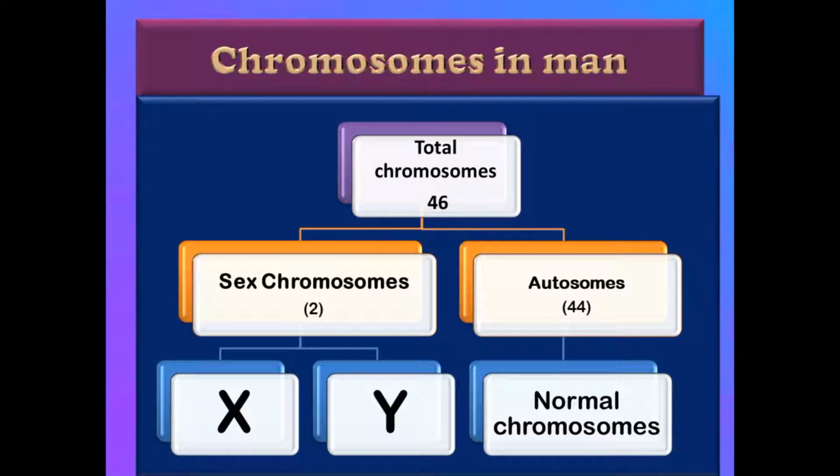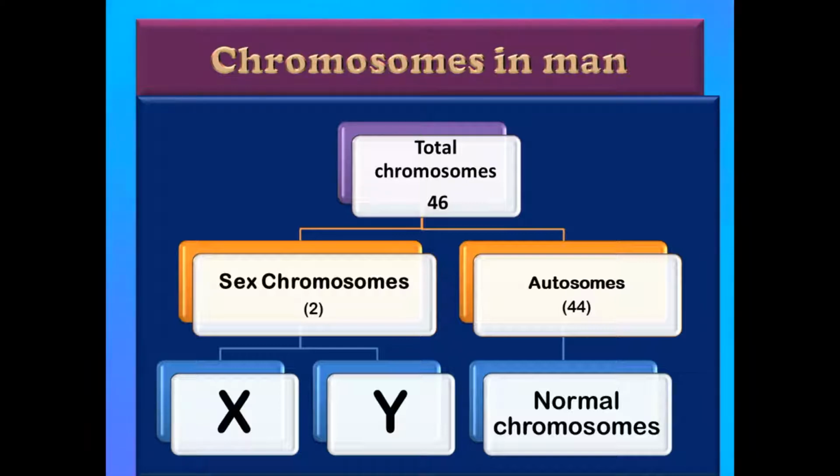This autosome is a non-gender chromosome which governs the body functions, whereas sex chromosome is related to sexual characters in an organism. So, how many autosomes are there? 44, and sex chromosomes 2 in number. So 44 plus 2 combined together give 46, the total number of chromosomes.